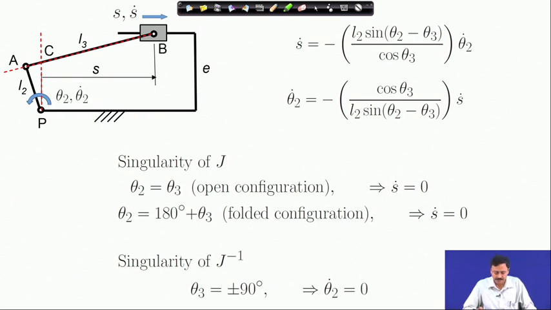If you look at the singularity of J inverse, then we have it at theta 3 equal to plus or minus 90 degree, and here theta 2 dot is 0. That means link 2 cannot move exactly at that configuration, it must have 0 velocity irrespective of the velocity of the slider.